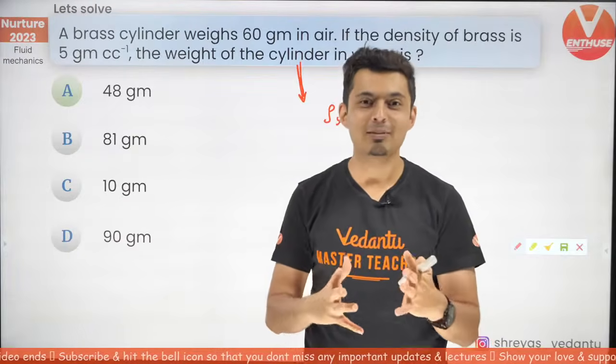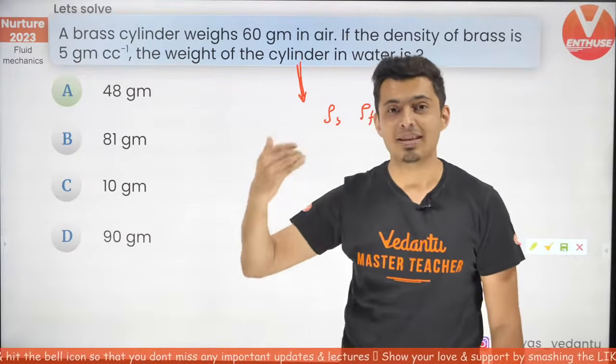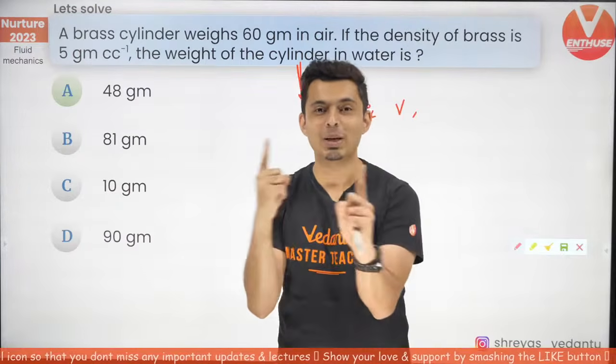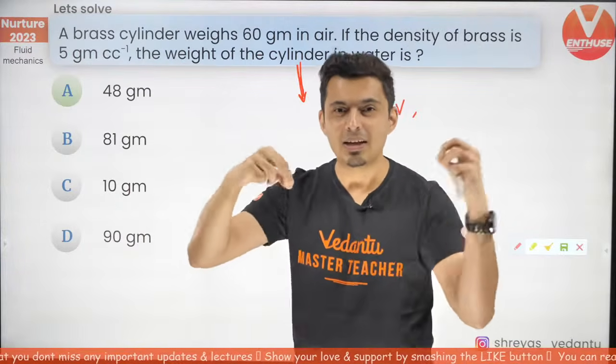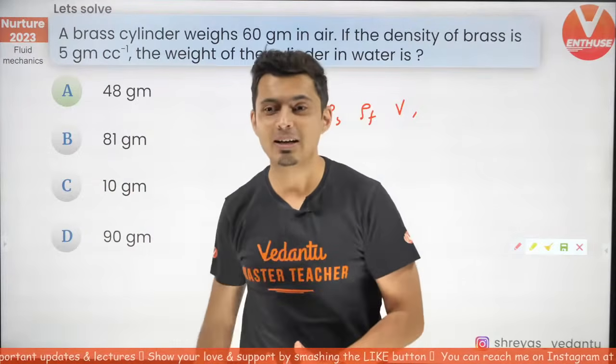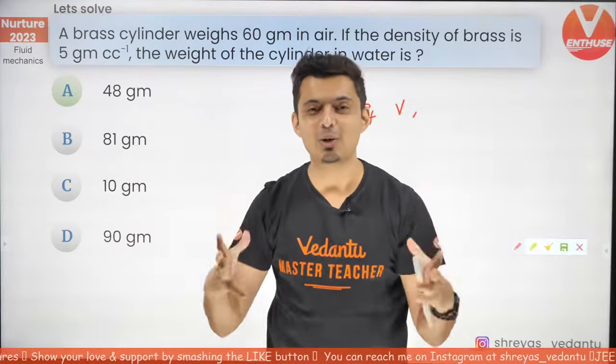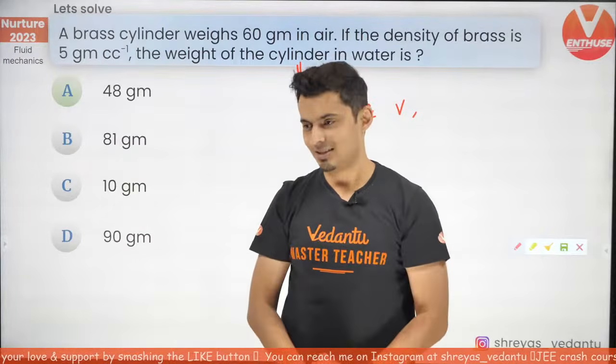Because the moment there is some impurity, the apparent weight will not come out as expected. It will differ because there is some added copper or brass inside it. So you will get a different reading, and that's how you can figure out whether that solid is made of pure gold or not.